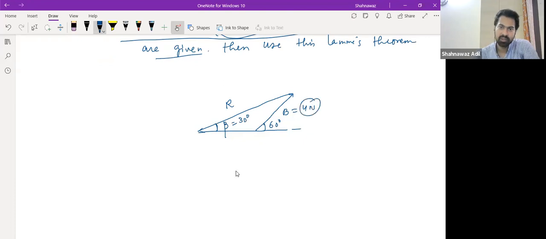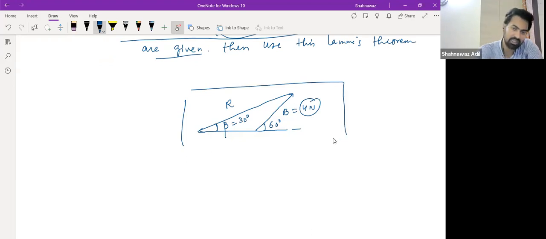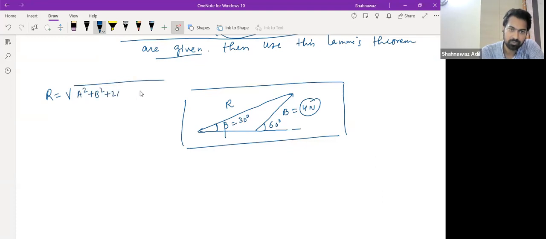So can we solve this question using the resultant of vectors? Think about this. In the resultant of vectors, we have this formula, and tan alpha is B sin theta over A plus B cos theta.